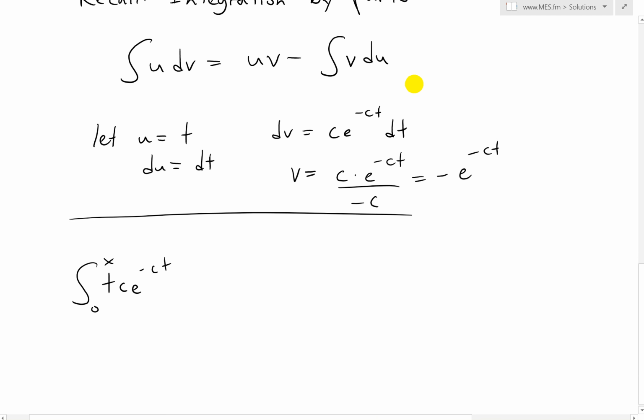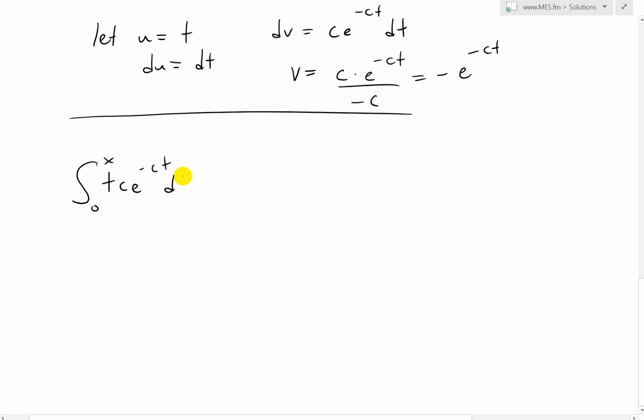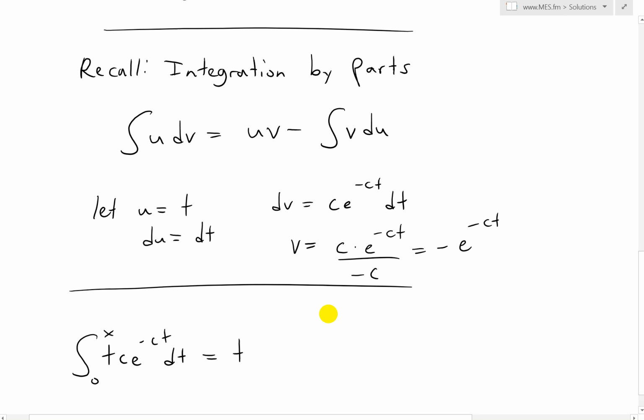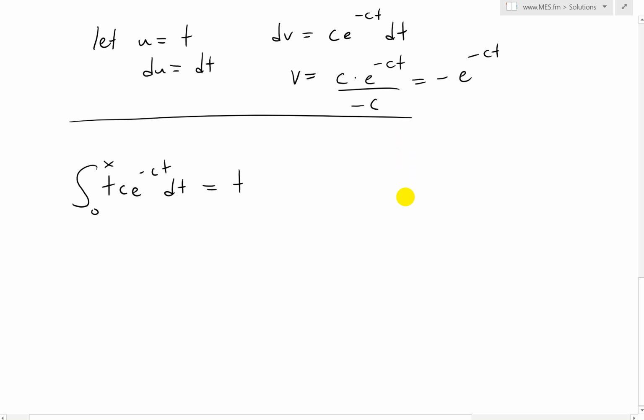So tc e to the negative ct dt equals, using integration by parts, u, which is t, times dv. So v is negative e to the negative ct. Then we subtract the integral from 0 to x.